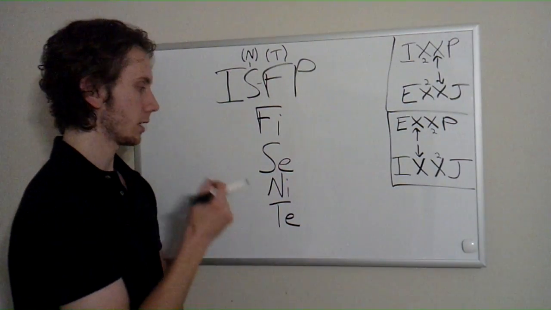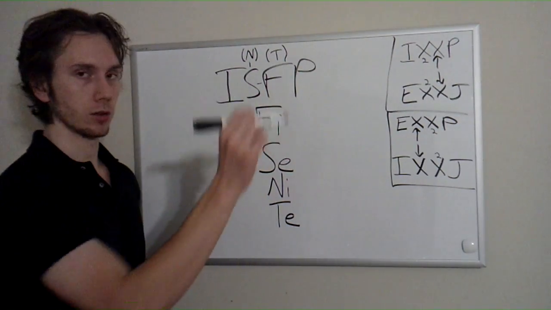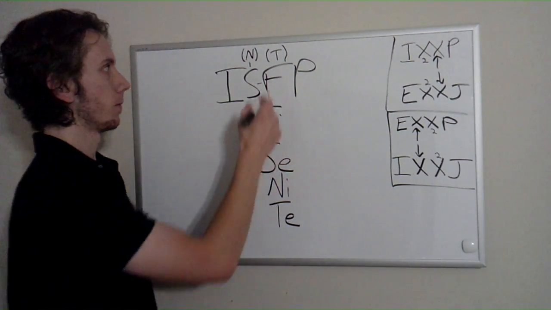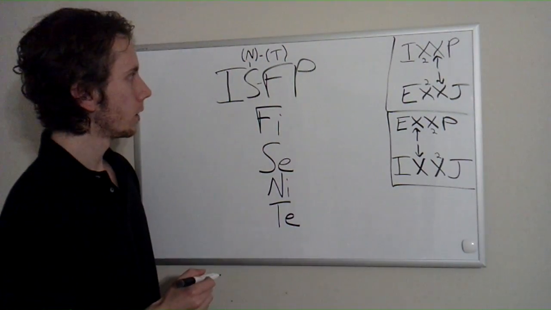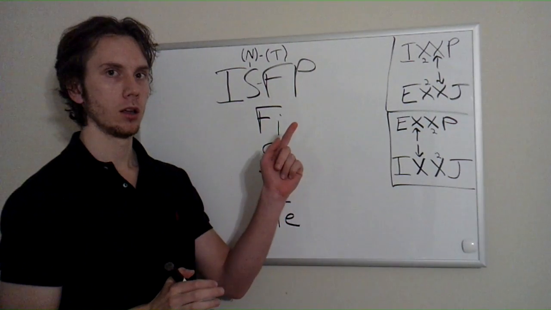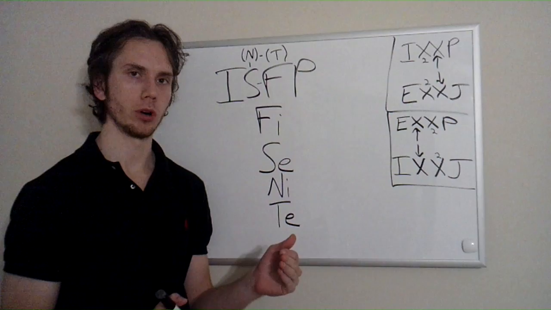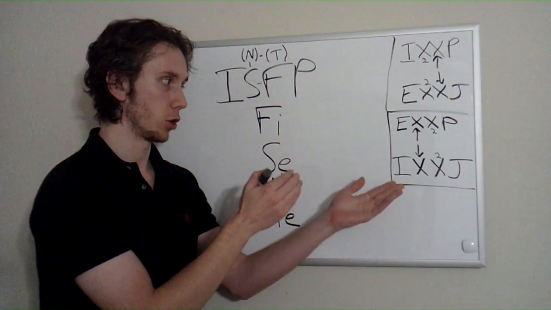And then for our last cognitive function, we go back over to the dominant function position, and we look at a cognitive function that can be there but is not. Okay, so that's for personality types that have as their dominant function the function that is indicated in the third position. So let's look at a personality type where the dominant function is indicated in the second position.